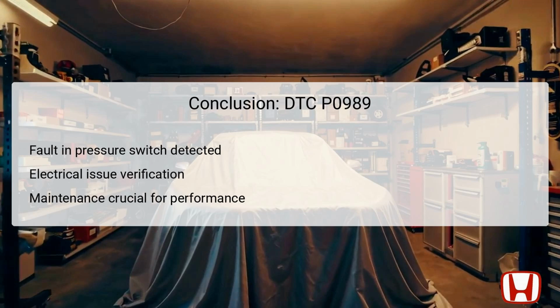Successful troubleshooting and repair involve verifying the switch's operation, checking wiring for continuity and possible shorts, and ensuring that connections are secure. Following through with recommended maintenance practices helps mitigate future occurrences of this code. By addressing both symptoms and causes effectively, drivers can ensure optimal performance and reliability of their Honda Accord transmissions.